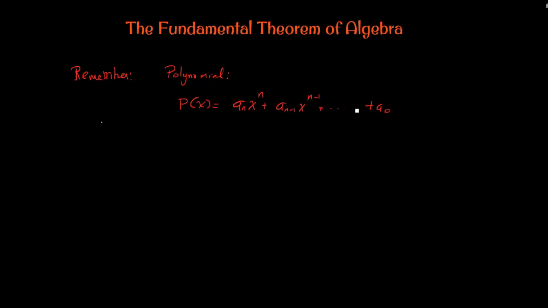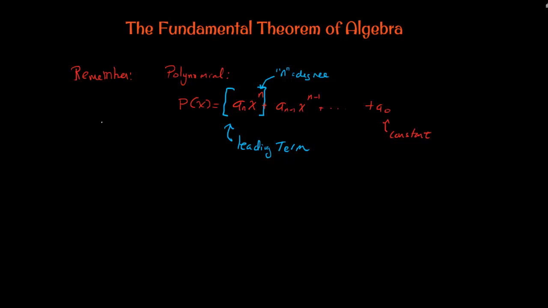Remember, this right here is the constant, and this right here is the important one, because this one is the leading term. We know that it is the most important one because it has the n value. That n value is the degree, and that is the largest exponent.